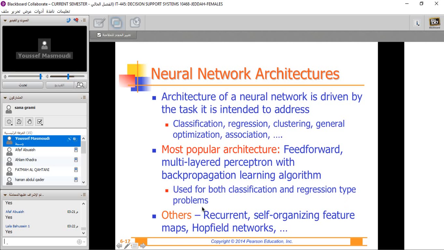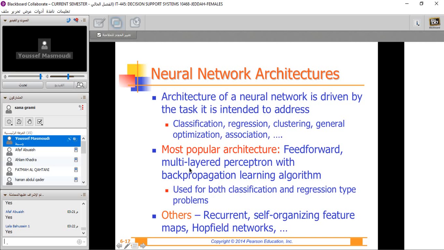And it's used for both classification and regression type problems. There are some other architectures like the recurrent, the self-organizing feature map, and Hopfield networks.